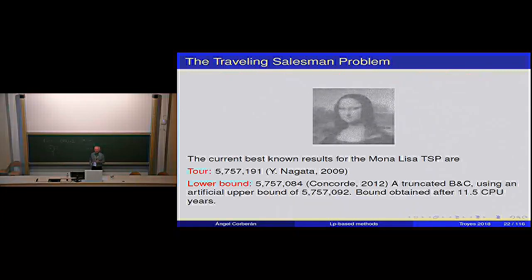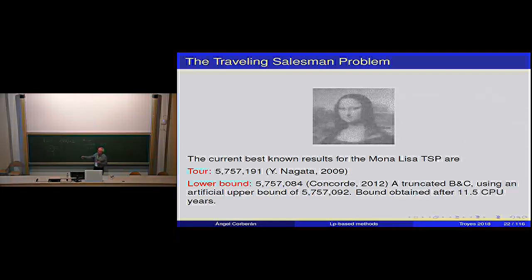This problem has not been solved to optimality. The best tour was obtained by Nagata in 2009, and since that time nobody has given a better tour. Bill Cook has offered a prize of $1,000 to any of you producing a better solution. This is the upper bound, a feasible solution. The lower bound, obtained by Concorde in 2012, is very, very close.